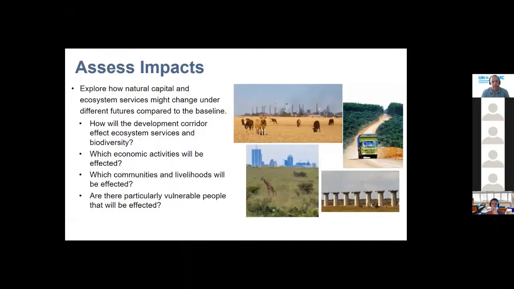So essentially, how will the development corridor affect ecosystem services and biodiversity? What are going to be the knock-on impacts to different economic activities, and which communities and livelihoods are likely to be affected by this? And are there any particularly vulnerable people that we need to be aware of and make mitigation measures for?